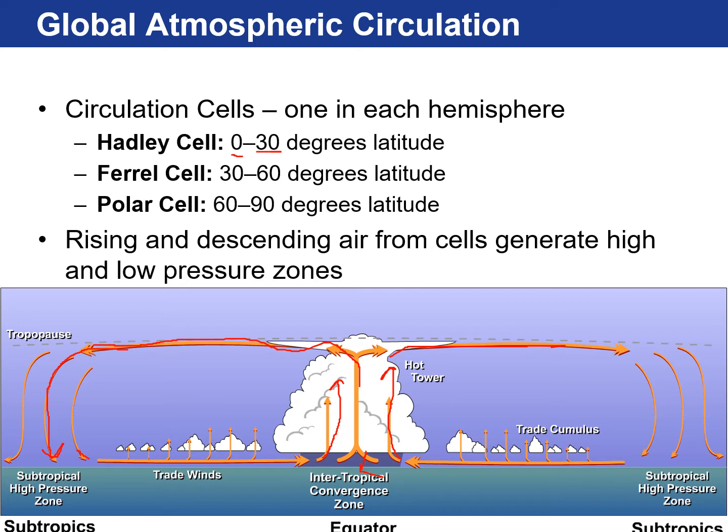And then it goes down towards the equator again, and this is what creates these wind belts called the trade winds. Trade winds north and south of the equator will be over here.